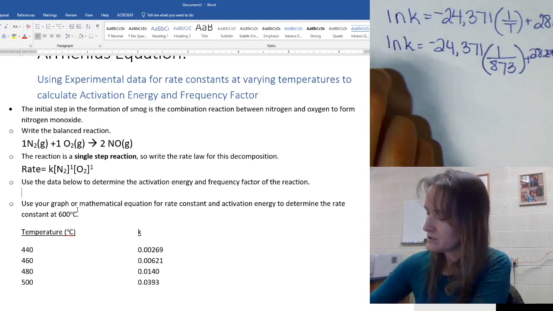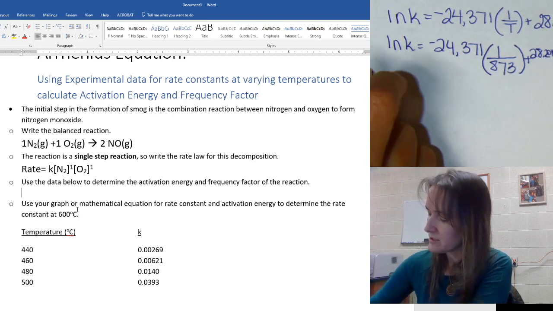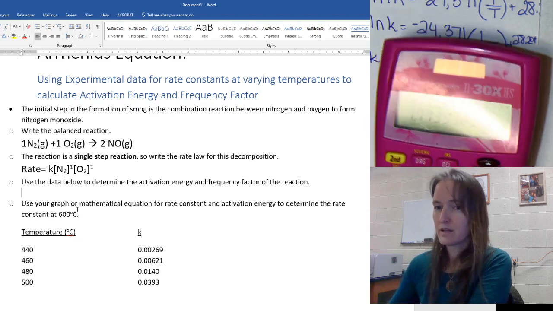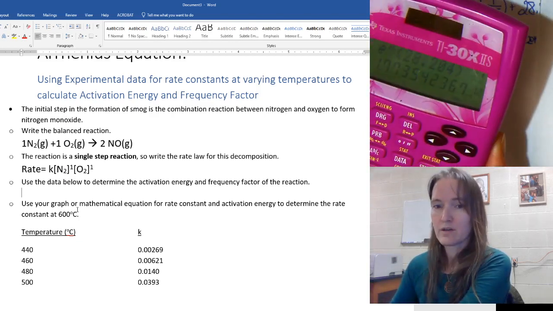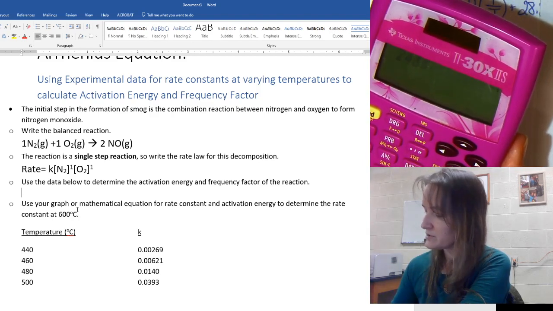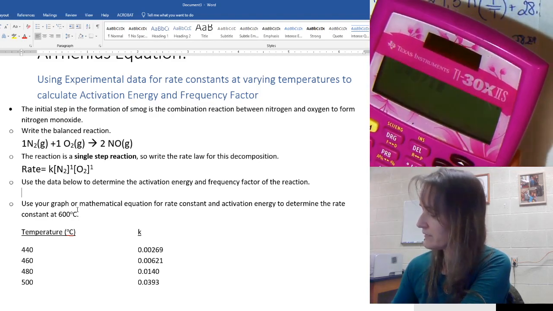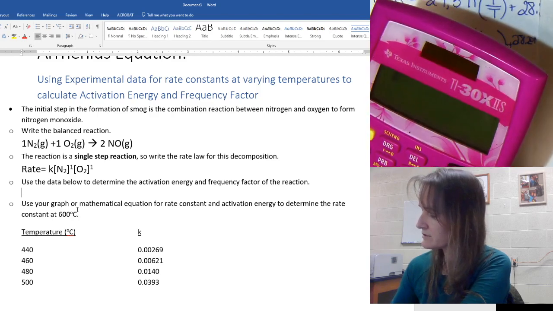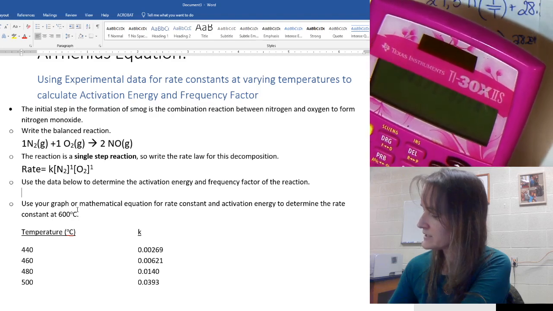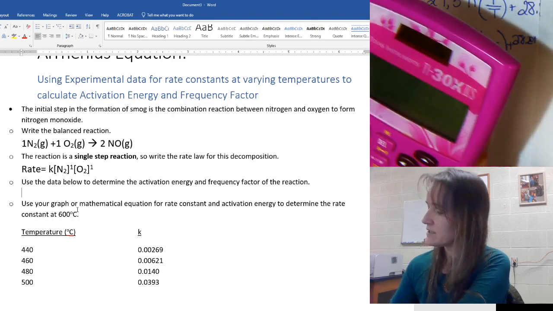So if we do the calculation on the right side, we would do negative 24,371 divided by 873.